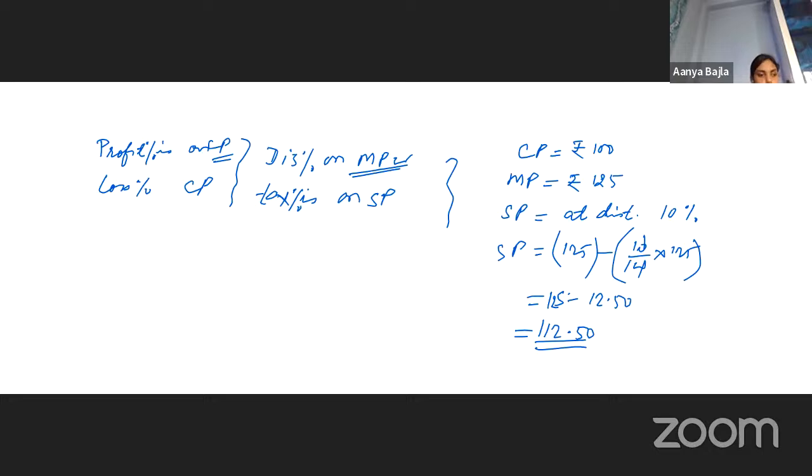Okay ma'am, understood. Understood? Yes ma'am. So sometimes it is given in the question: a man bought an article for this much, marked the price at this, and then sold at this much percentage, and the rate of tax is such and such. Find the tax paid to the government, find the tax paid to the central government, find the tax paid to the state government.